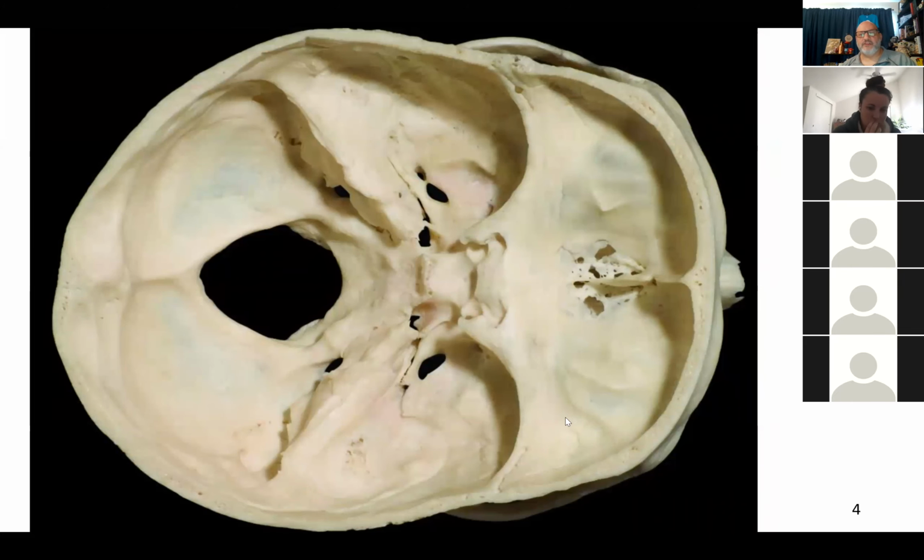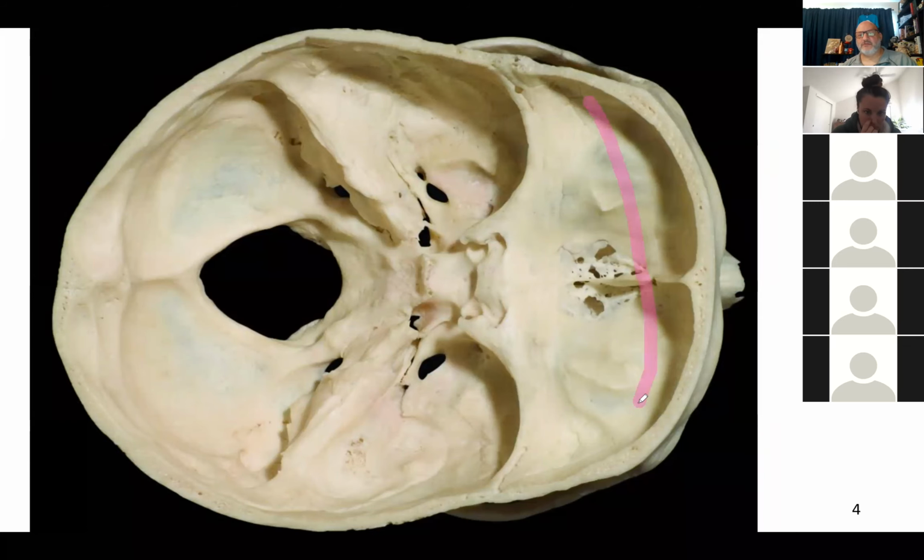Now we're to the cranial fossas. Notice there are basically three indentations. One that's really superficial, one that's in the middle, kind of deep, and then the one that's really deep here in the back. One's towards the front, one's towards the back, one's in the middle. What do we call the one in the front?